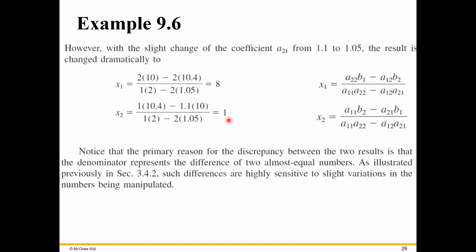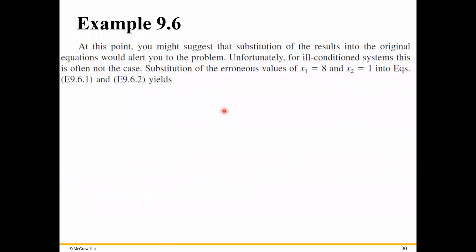So if you want to verify these solutions, we will see that they exactly satisfy their respective equations. Even the solution of one system of equations will also almost satisfy the other system.